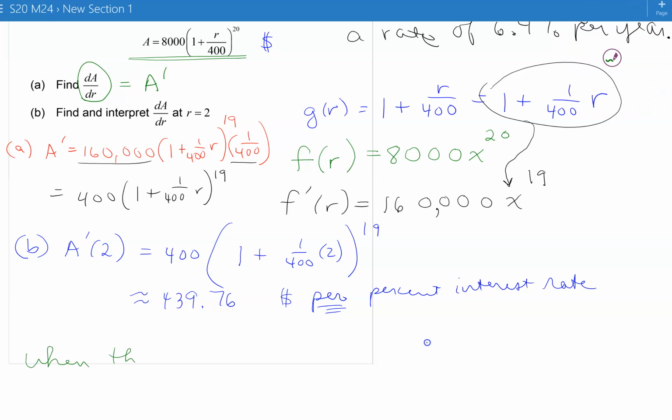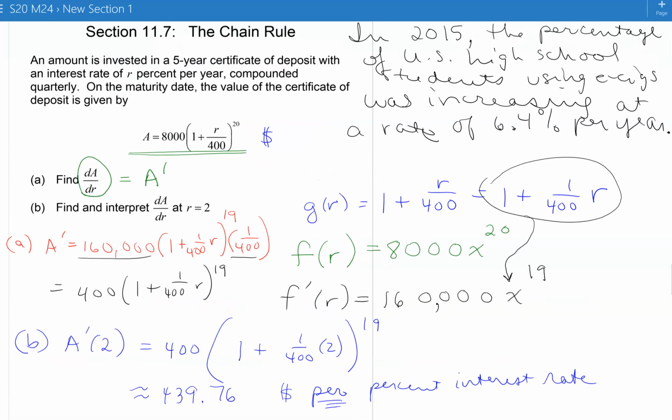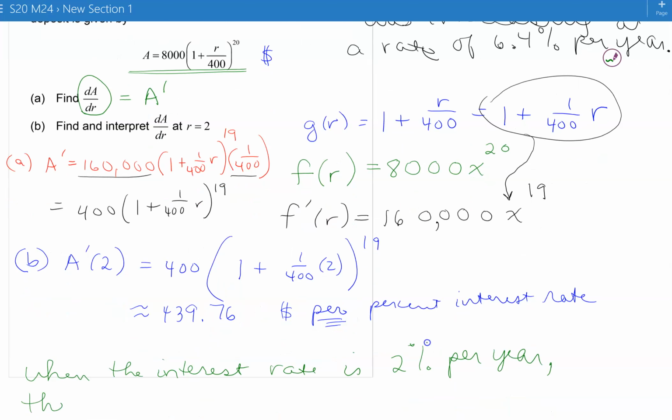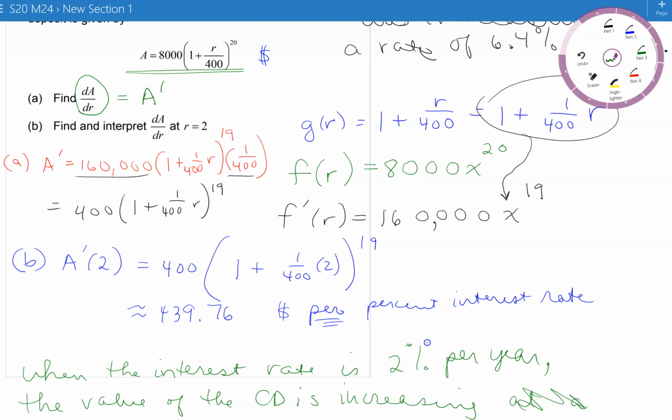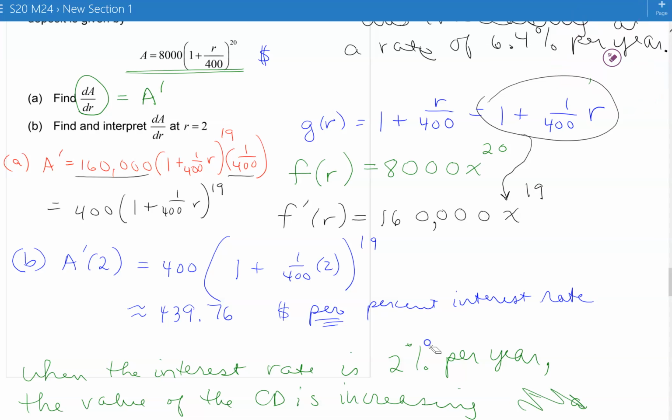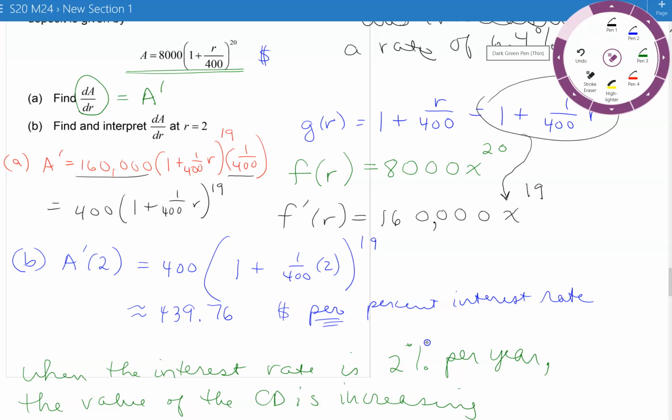When the interest rate is 2% per year, the value of the CD is increasing, and you can either say at a rate of, or you can say by. Either of those works.